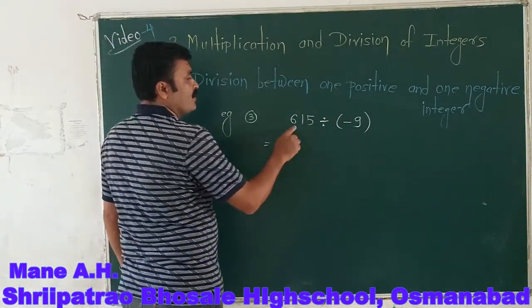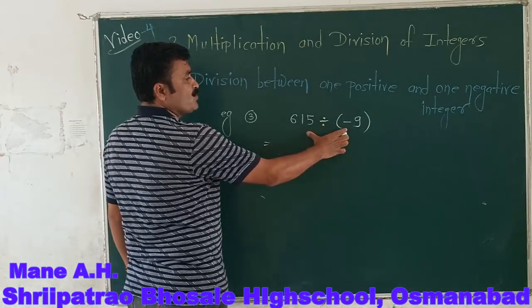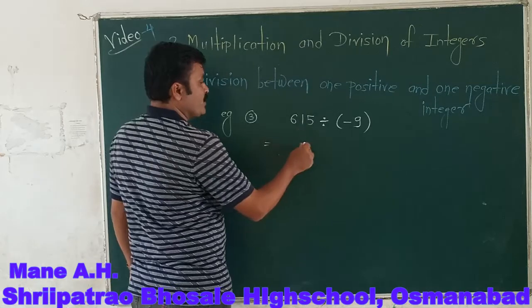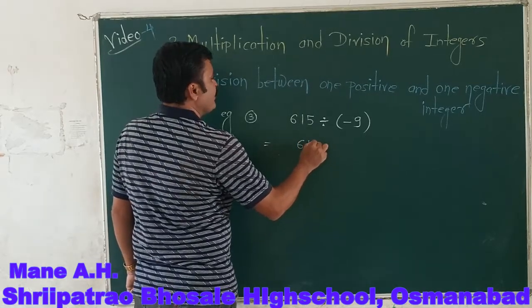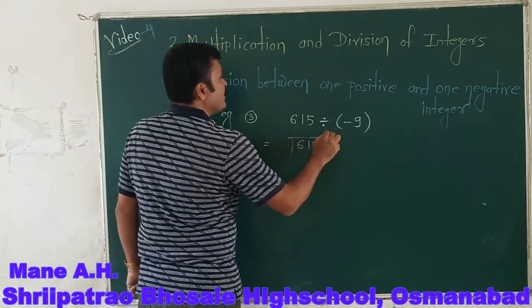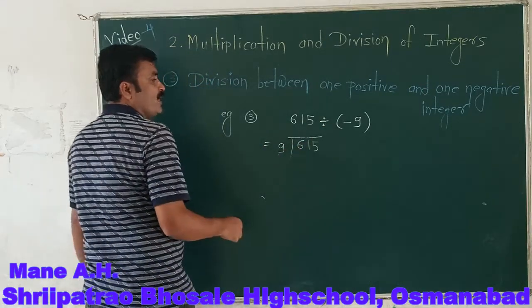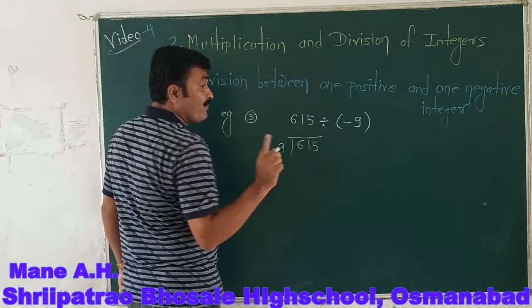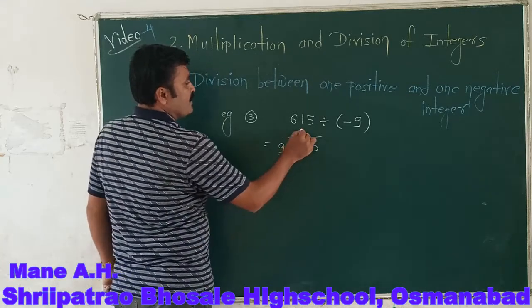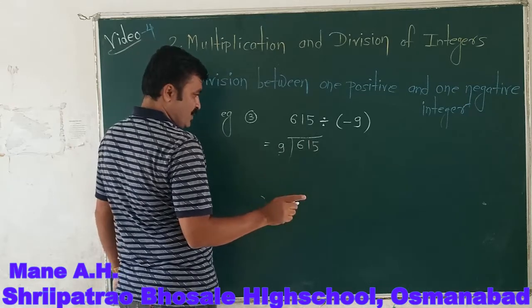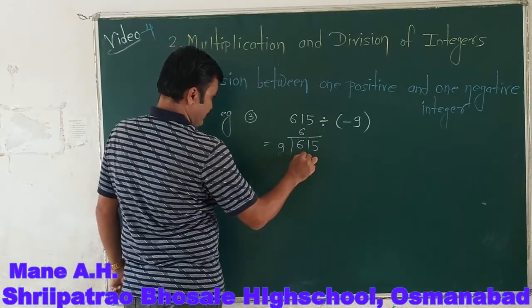So if we take the magnitude of these two integers, 615 is a positive integer, so its magnitude is 615, divided by the magnitude of minus 9, which is simply 9. So if we take the division between magnitudes first, 9 6s are 54, 9 7s are 63. 63 is not possible, so we take 54.